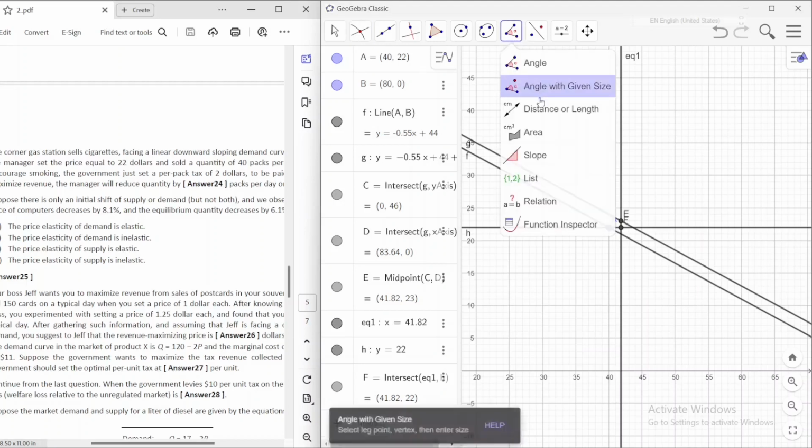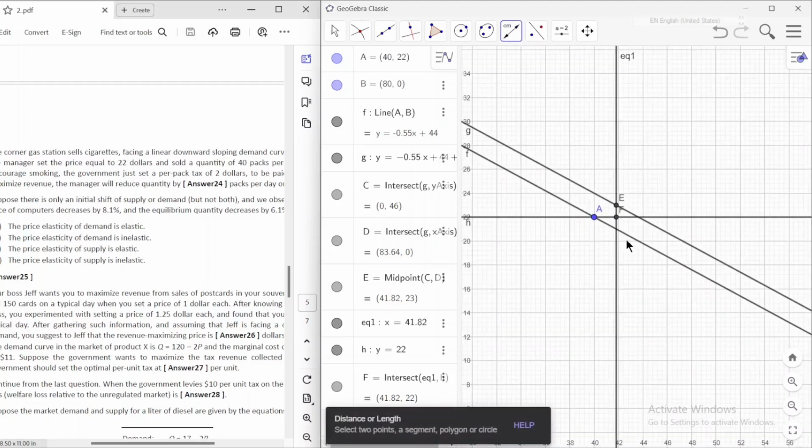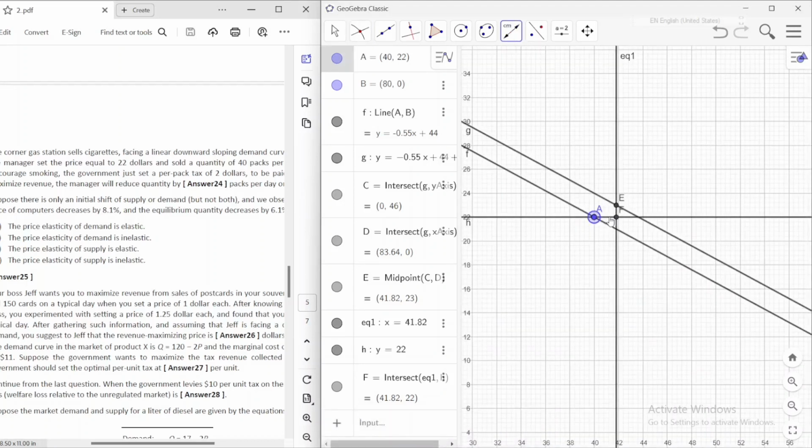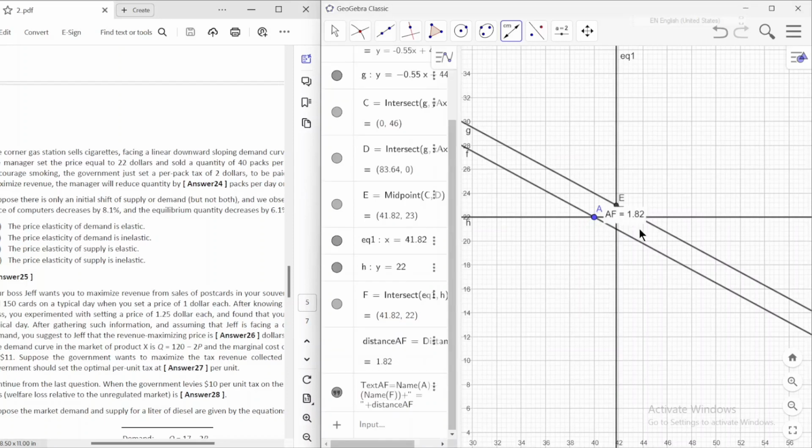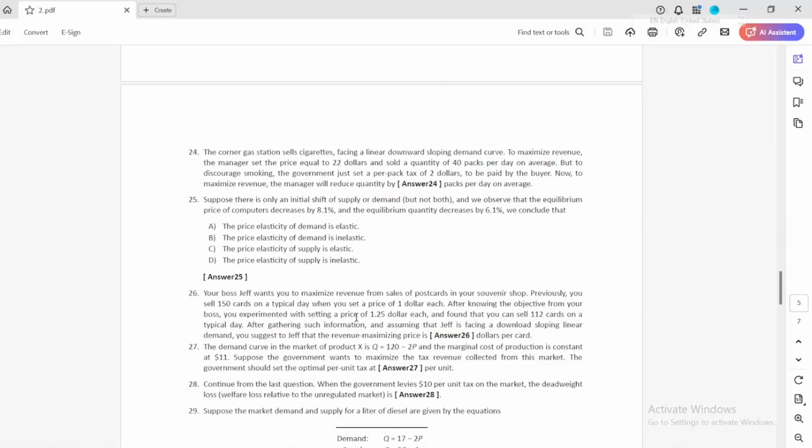Now what is the distance of this portion? You can see it is 1.82. So the quantity should be reduced by 1.82, and this is the answer. Let's move on to the next question.